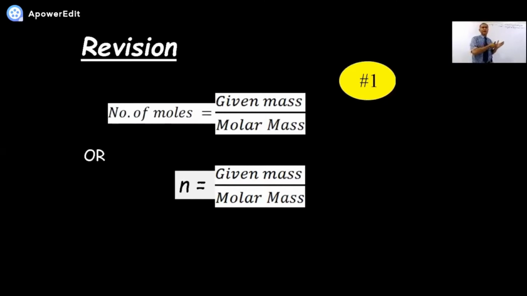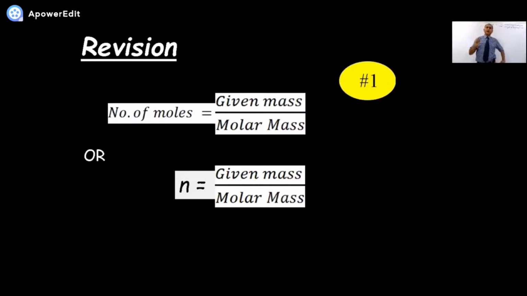We had here 58.5 gram of salt, means 1 mole of salt in a beaker yesterday. We had 342 gram of sugar, means 1 mole of sugar. So 1 mole of sugar means 342 gram. I'm talking to those who were present yesterday.